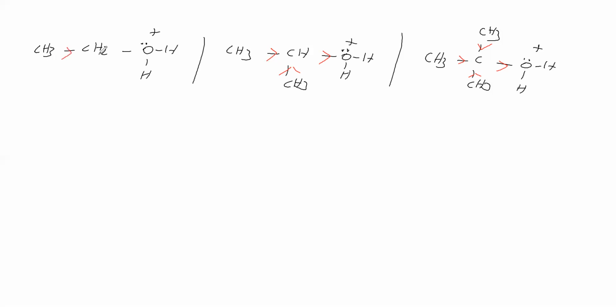Here the methyl and methylene groups, the ethyl group, show a plus I effect. Where the plus I effect is much higher, in this place it is much high. Here somewhat less, here still less. Therefore, where can water detach easily? In the tertiary alcohol.